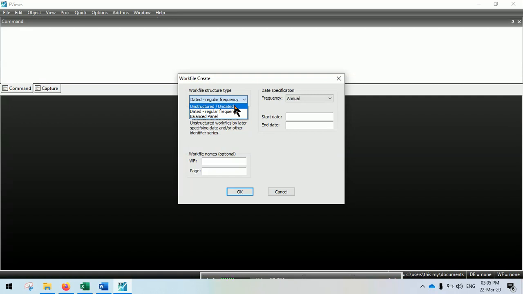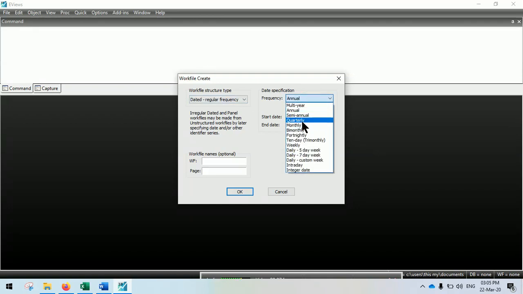Second, we have dated or regular frequency, where we have only one case, could be a country, a company, a store, or a person, but we have data for various periods of time, could be annual, monthly, weekly, quarterly, or daily.